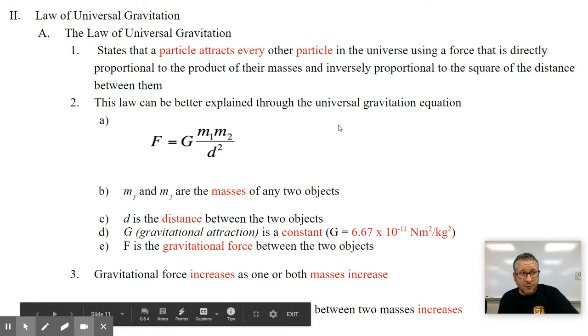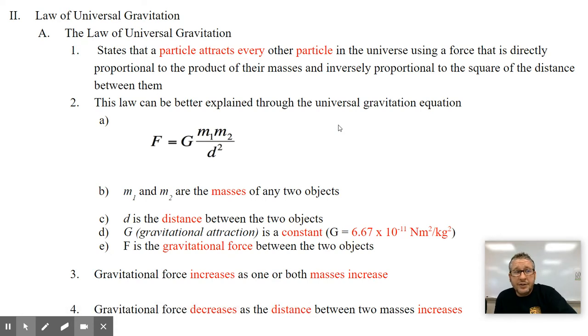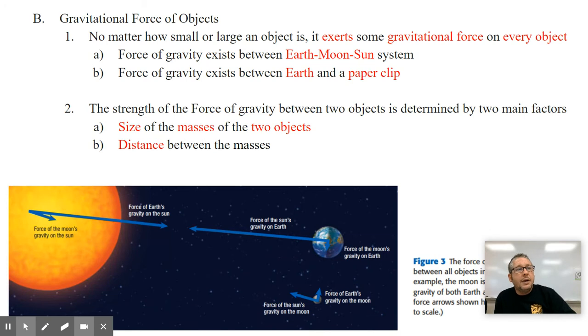So it says gravitational force increases as one or both masses increase, and it will decrease if the distance between those two masses increases, much like I just got done saying. So no matter how small or large an object is, it exerts some sort of gravitational force on every object.